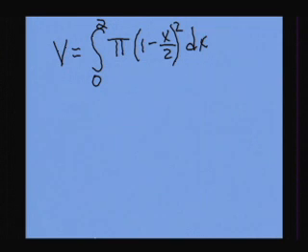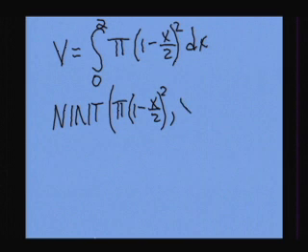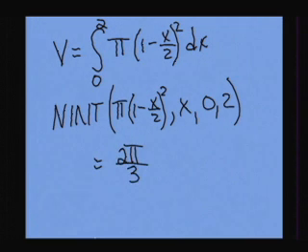And now we need to integrate that, and I used the calculator and nInt, and my function, of course, was pi times 1 minus x over 2 squared, comma, x is the variable, and my limits are 0 and 2. And when we work all of that out, we will get an answer of 2 pi over 3, and again, it's cubic units.